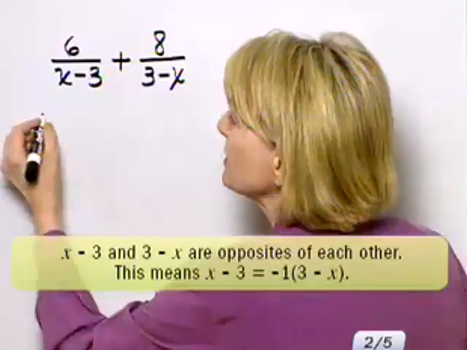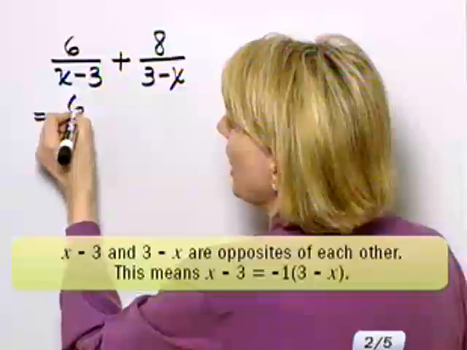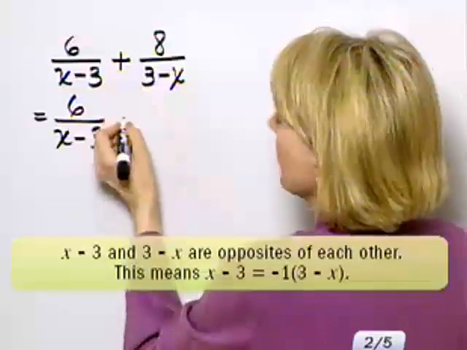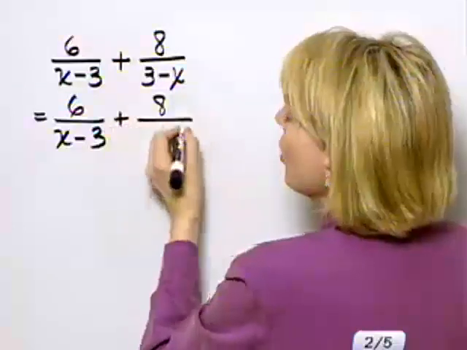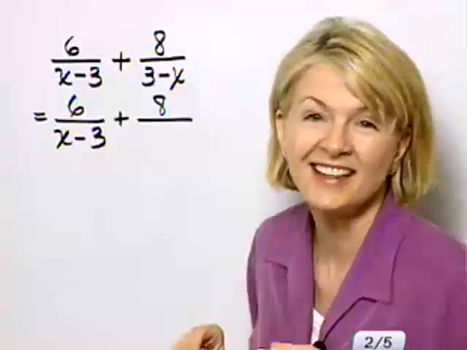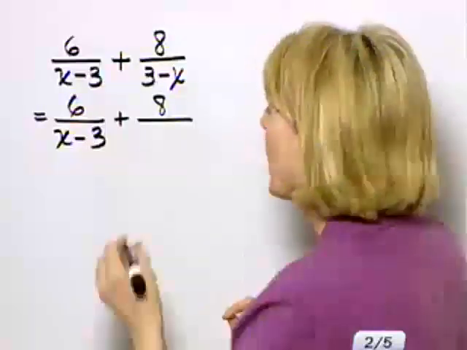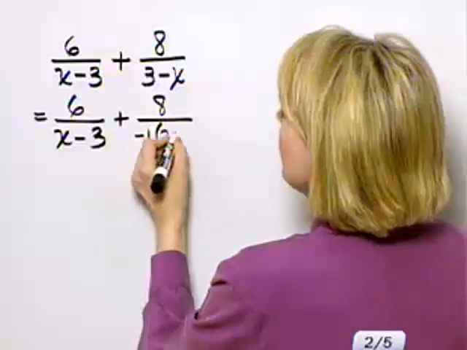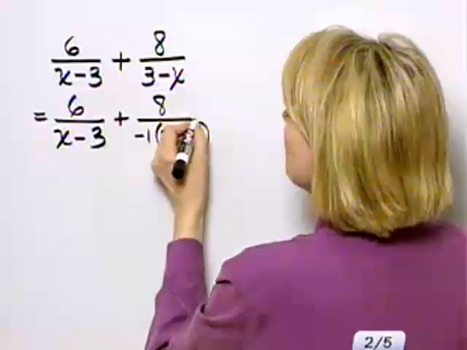Since they are opposites of each other, I'll just pick on one of the denominators. I'll just use the second denominator, although it makes absolutely no difference. And I'm going to take that second denominator and I'll write it as -1 times x minus 3.